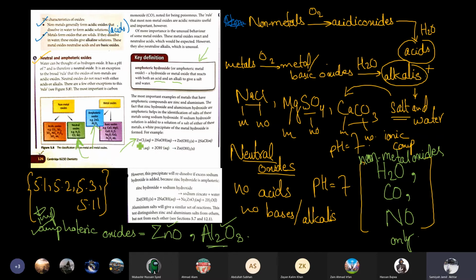This equation is actually the preparation of zinc hydroxide, how we can prepare it. Zinc hydroxide is again an amphoteric hydroxide. Both zinc oxide and zinc hydroxide are amphoteric in nature.